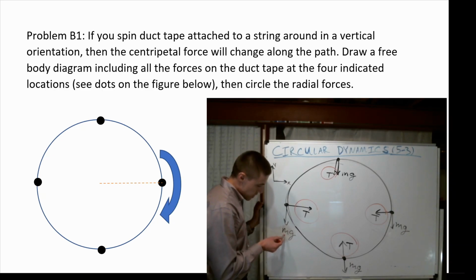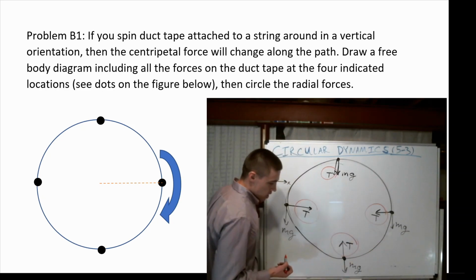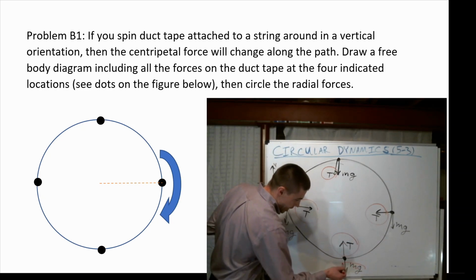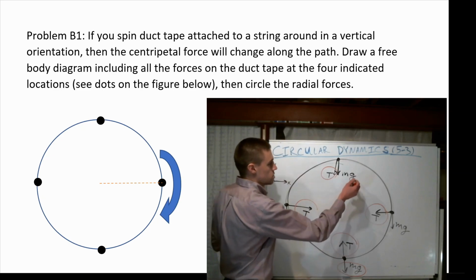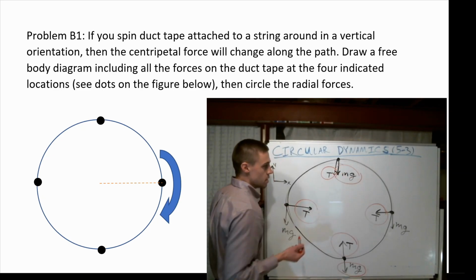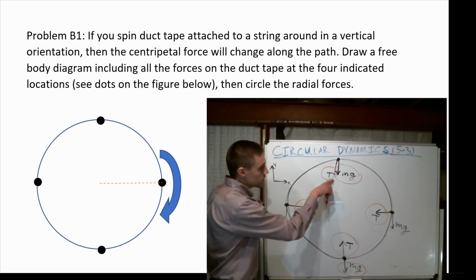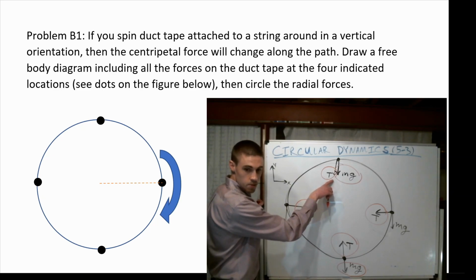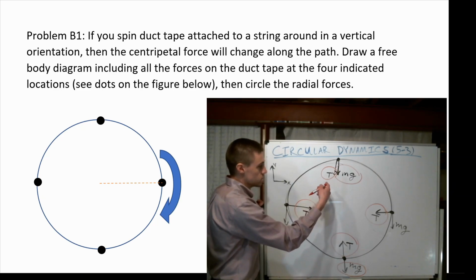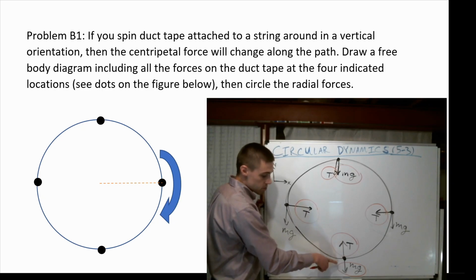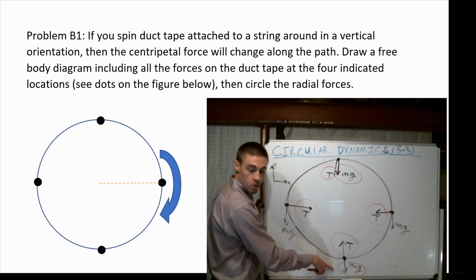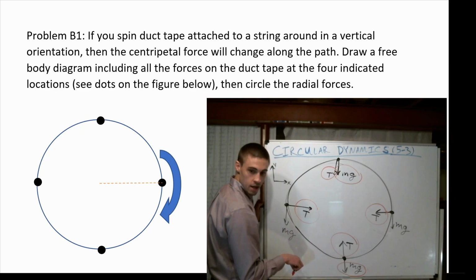Right? So I'm not going to circle that. I'm not going to circle that. The weight does act in the radial direction at the top and bottom of the circle. Here, it contributes to the centripetal acceleration, or the centripetal force. There, it pulls away, making the centripetal force less down here at the bottom.